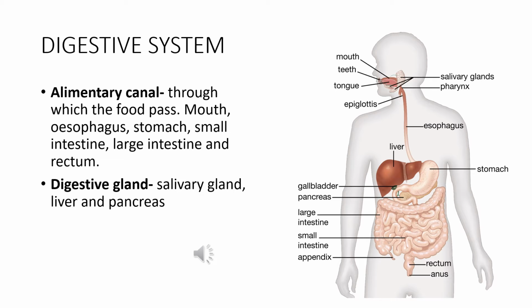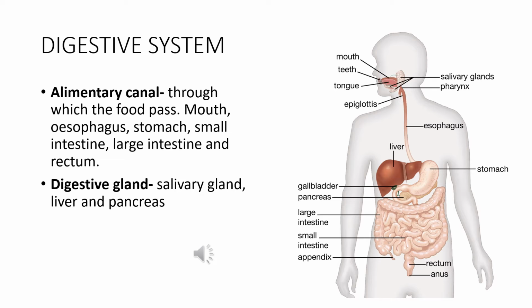But there are some glands present alongside the alimentary canal that secrete some liquid substance, some chemical, that helps in the digestion of the food. But through these glands the food does not pass.